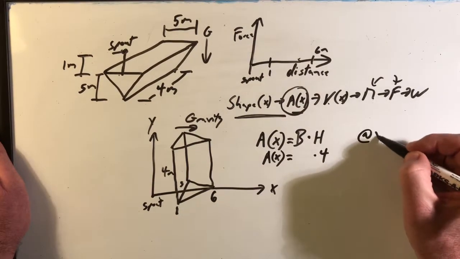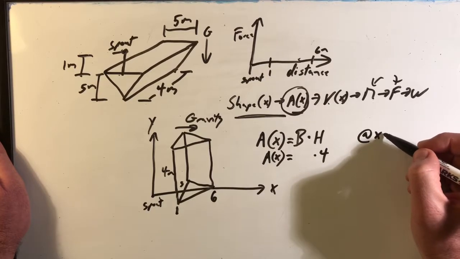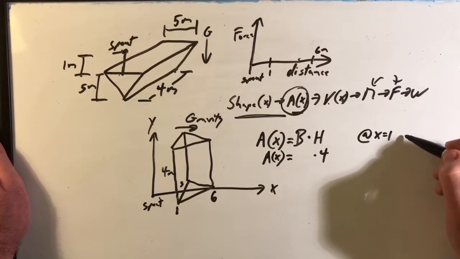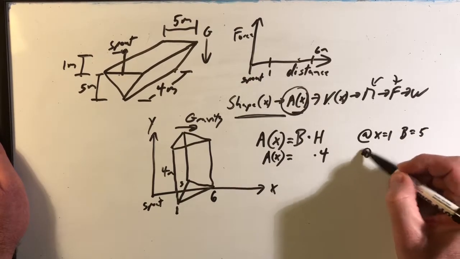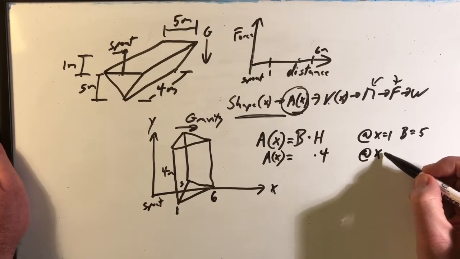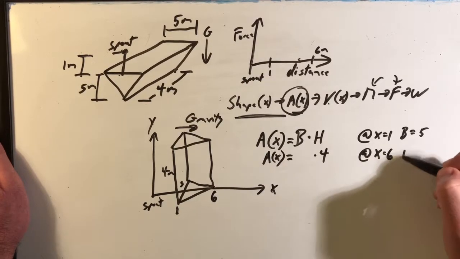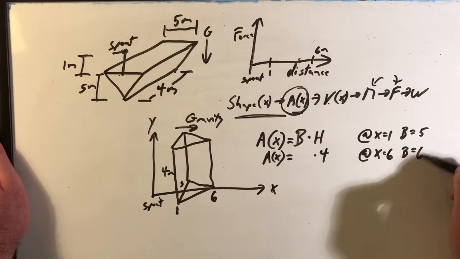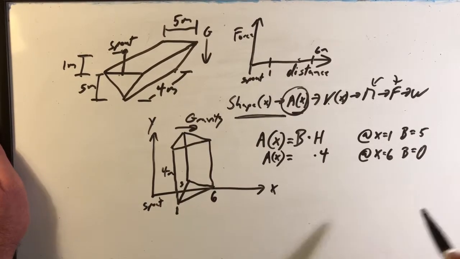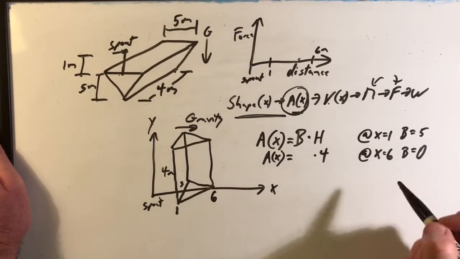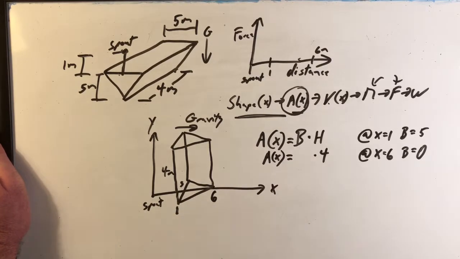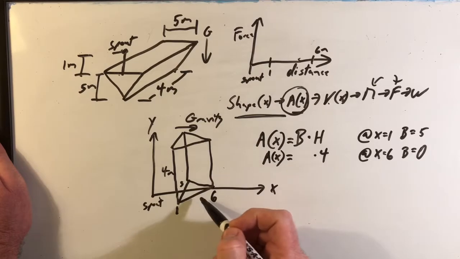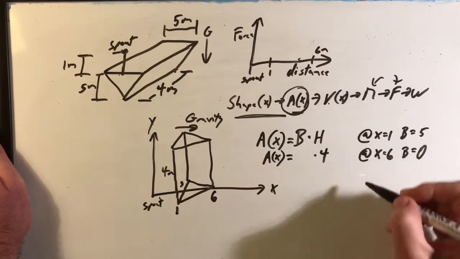So at x equals 1, our base equals 5. At x equals 6, the base equals 0. Okay, so this is actually going to manifest itself. We can extrapolate it backwards one.